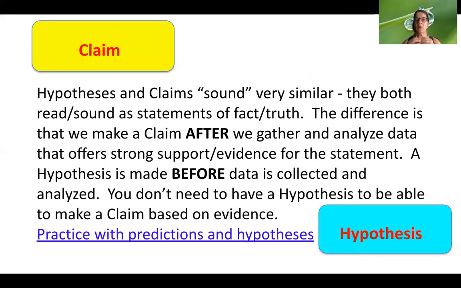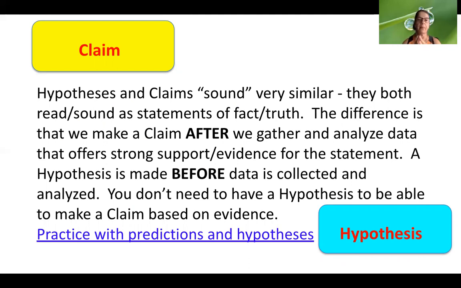The data has to offer strong support, strong evidence for the statement. Whereas a hypothesis is made before data is collected, or before sufficient data is collected. It's based on some data and some observations. And before we have sufficient data collected and analyzed, we make a hypothesis.